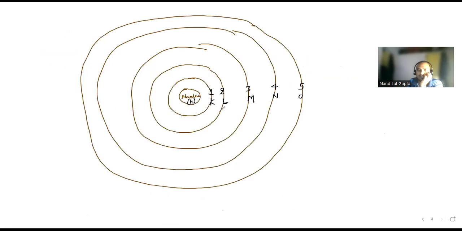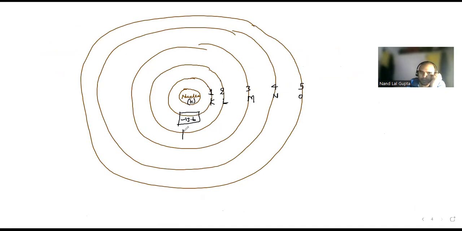Diagram is also there. If you draw, it will be good. This is the K, L, M, N. So we can write the sub energy. Okay, sir. If I try to write the energy of this orbit, it is minus 13.6 coming.